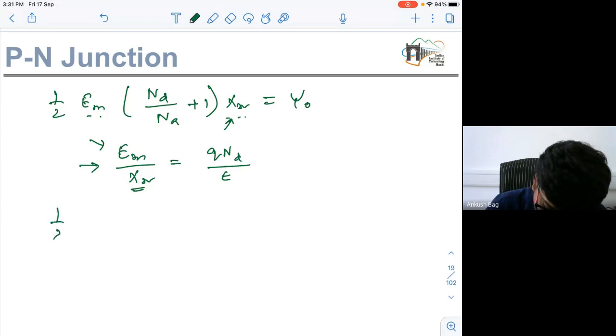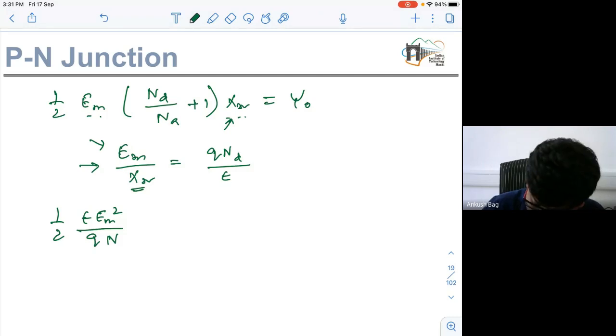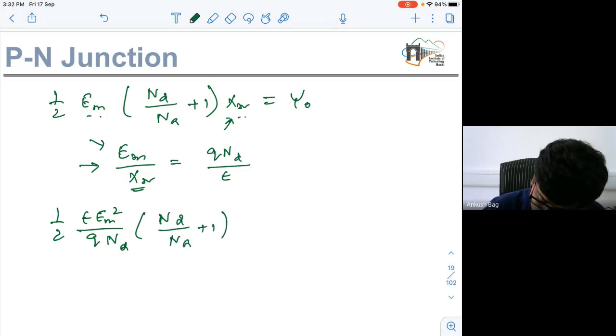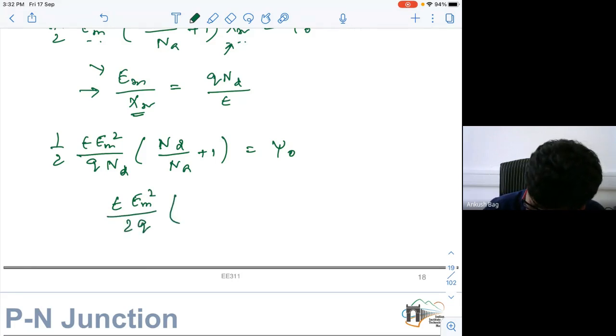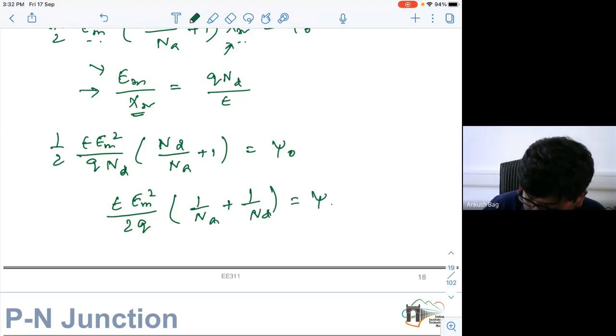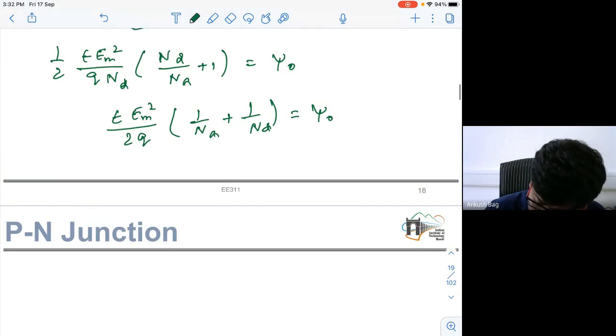We'll get q Nd, and if we take this Nd inside, it will take a better form, which will be psi naught, Em square divided by 2q, now it's 1 upon Na plus 1 upon Nd, and I'm writing here.